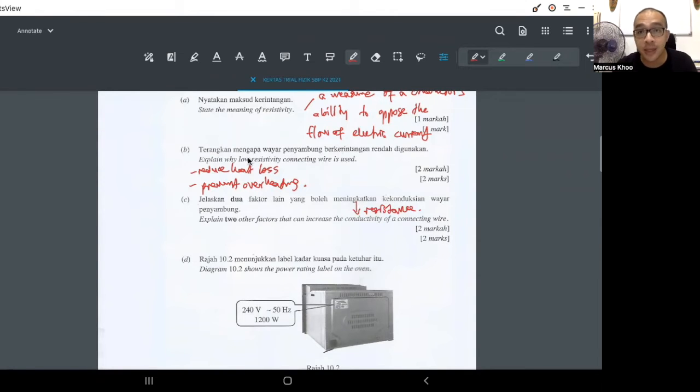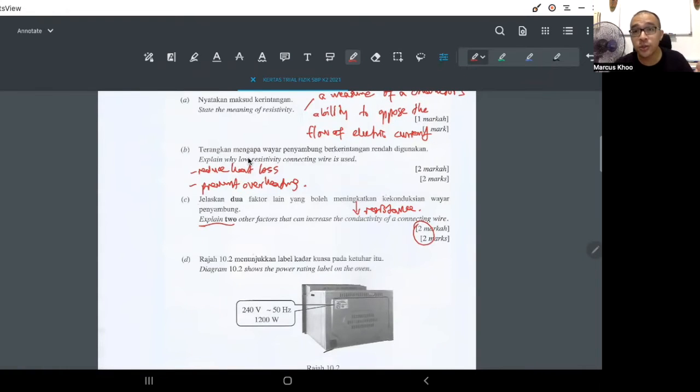This is something commonly asked, but they changed the wording: explain 2 other factors that can increase the conductivity. They're asking the same thing, just changing the question. It says explain 2 other factors, but it's only 2 marks, so basically just state the 2 factors.